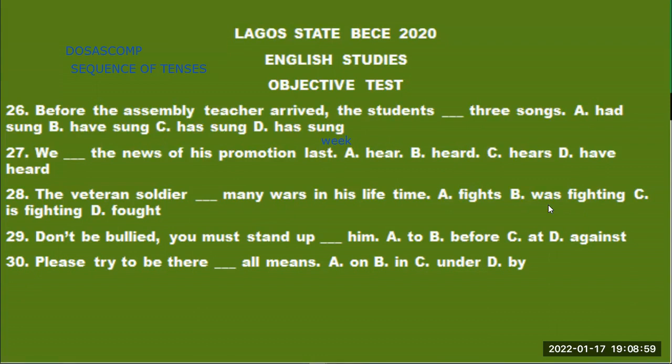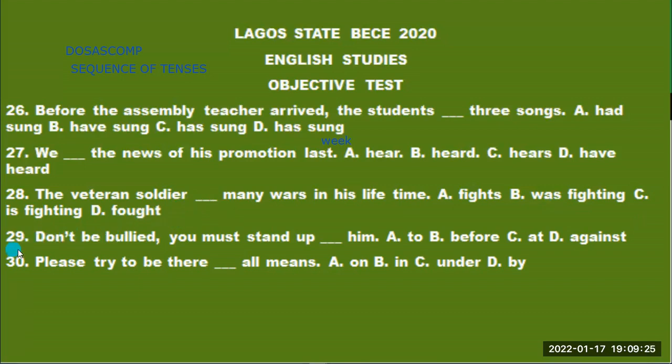If it were something in progress, then we would use the past continuous. Then C is fighting is present continuous and cannot be used for a past event. D is fought is correct. The veteran soldier fought many wars in his lifetime is correct.